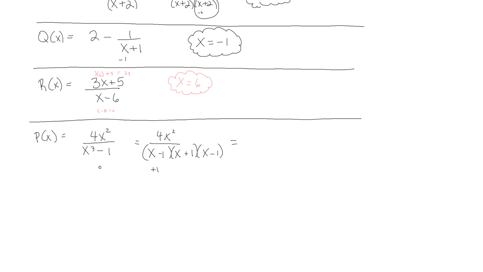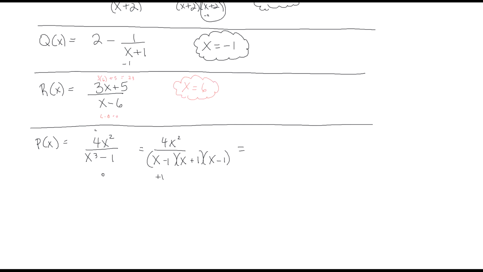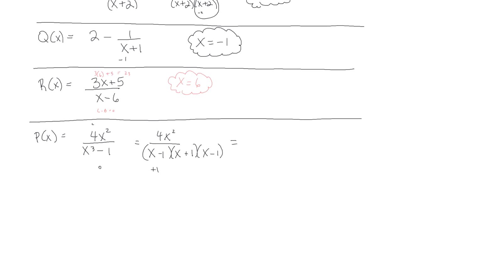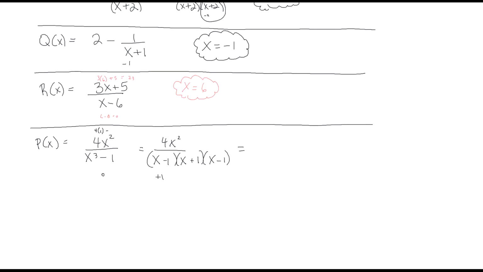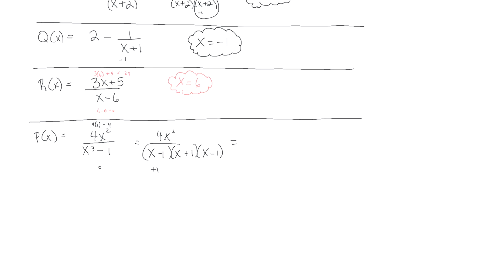And then I check my top since it has an x value in it. So 4 times 1 is 4. So it's not 0, we're okay. So my asymptote value is 1. Not -1, because if I put -1 here, my whole thing is going to be -2, and that's not going to give me a 0.